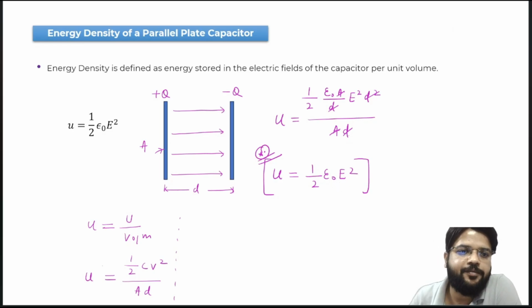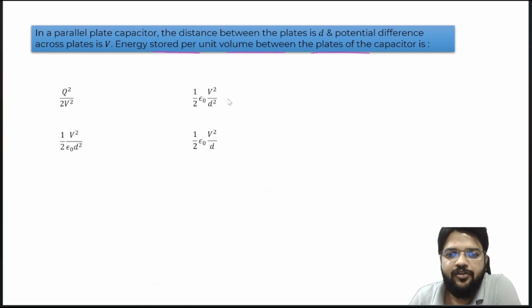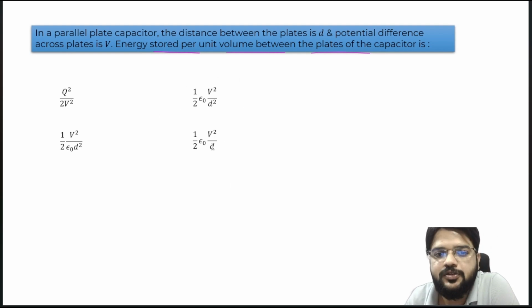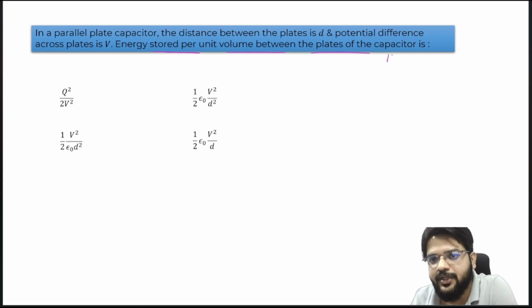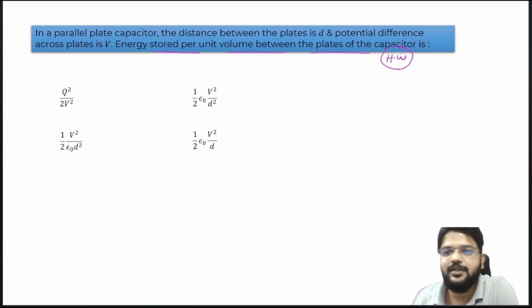But if we see the options, they are in a different form, correct? So think about it, everyone, which one is correct, simplify and put your answer in the comment box. Do this question by yourself, I am giving you this question as homework, and put your answer in the comment box, everyone. So note down, everyone.